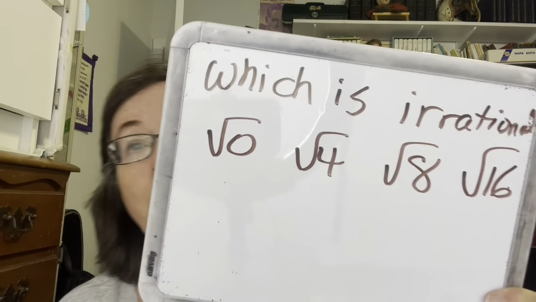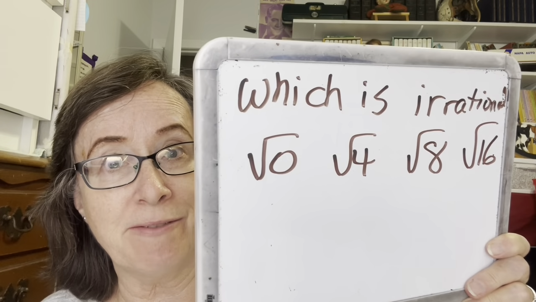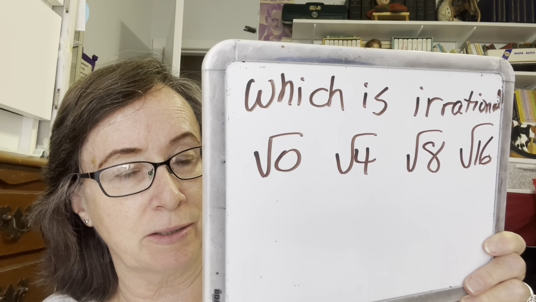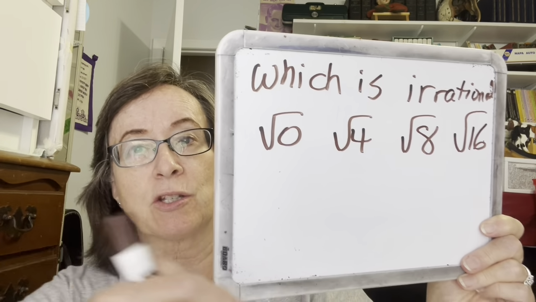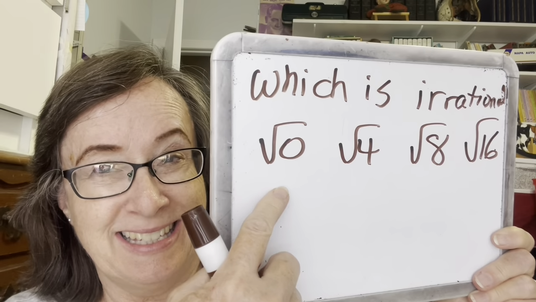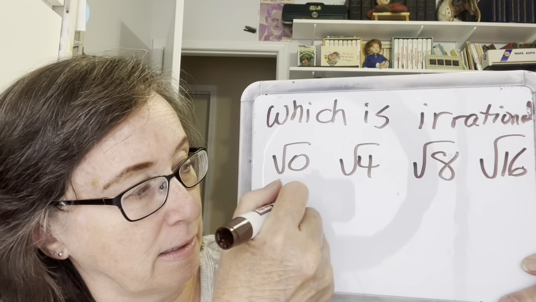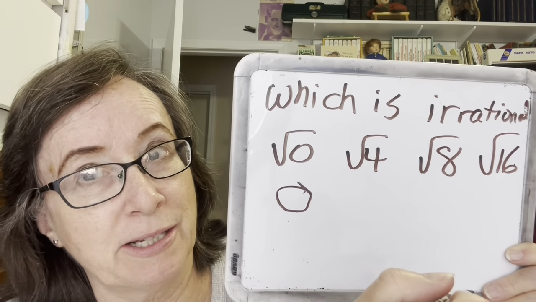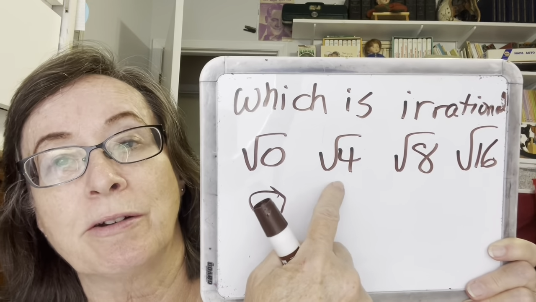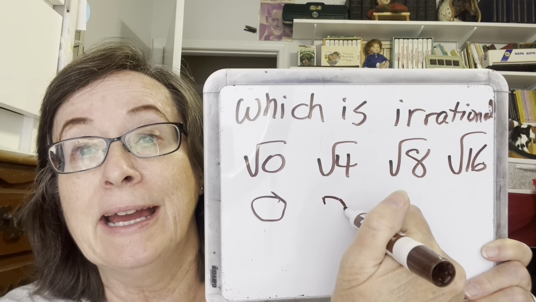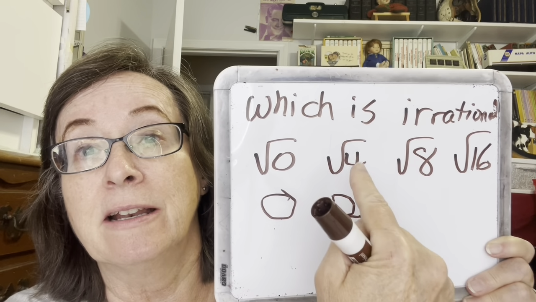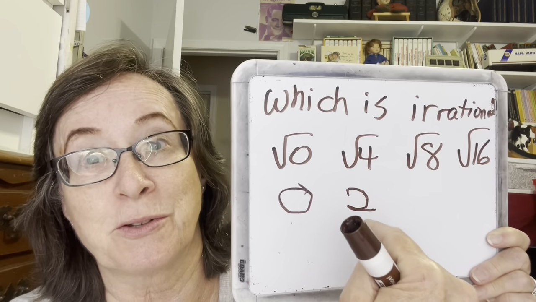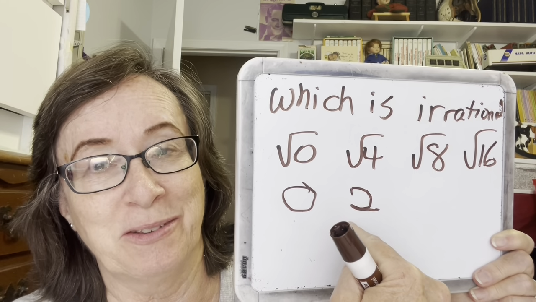Okay, so we have example number 1, and it says, which of these numbers is irrational? Well, let's evaluate. The square root of 0 is 0, and 0 is a whole number, therefore it is rational. The square root of 4 is 2, and we know that 4 is a perfect square, so the square root is a whole number.